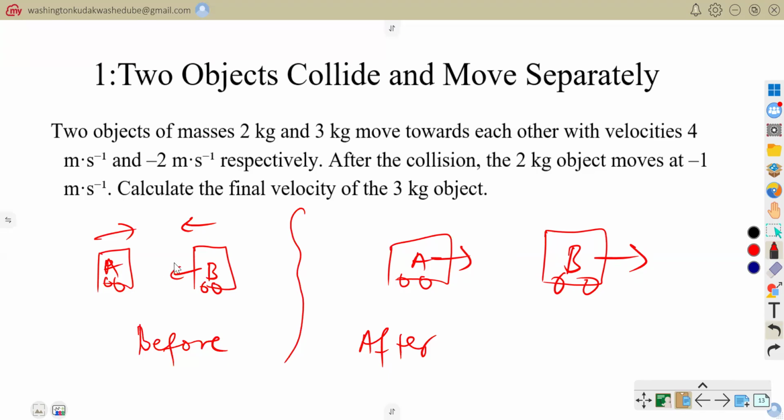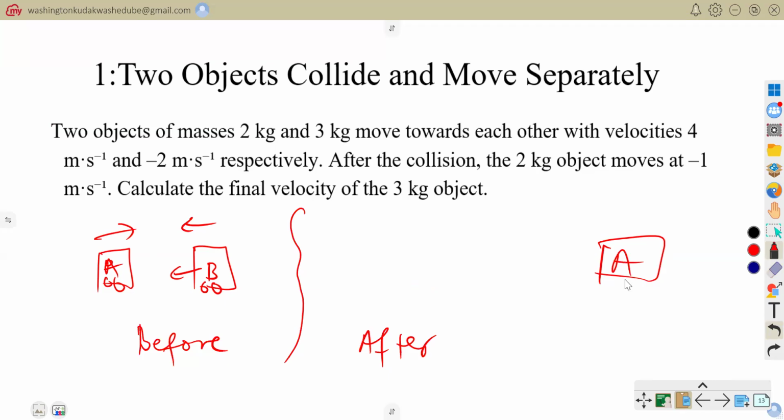They collide and then they separate. But when they separate, they might be going in the same direction. Or else, when they separate, we might see A continuing in that direction and B continuing in that direction.